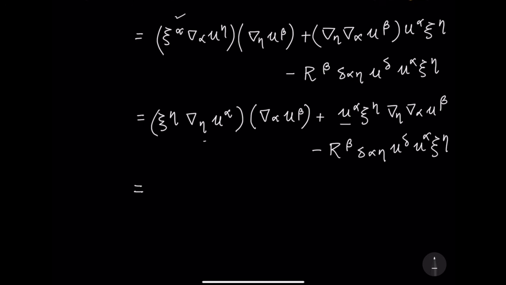Here I have derivative of u alpha and keeping grad alpha u beta outside. So it's like the Leibniz rule. So if I take xi eta common, this is nothing but grad eta of this entire thing, which is u alpha grad alpha u beta. So once you take the derivative of u alpha only, keeping grad alpha u beta outside, you get the first term and then you get the second term and you do the other one.